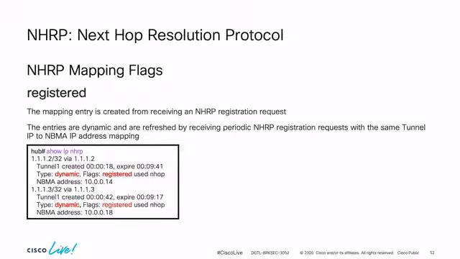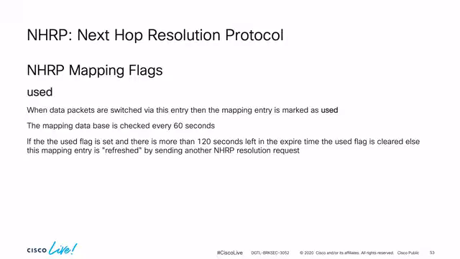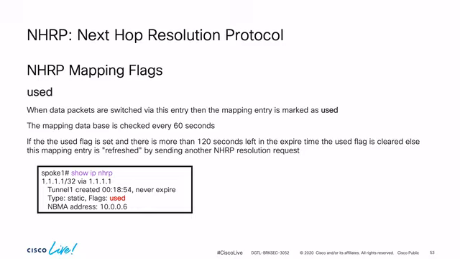The next mapping flag which we are interested in is the used mapping flag. Where would you use the used flag? If you want to keep track of which NHRP entries were actually used to switch data packets, you can run the show ip nhrp command on the spoke.